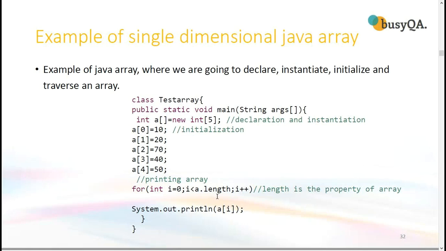This returns 5, because a is an array of size 5. So a.length is essentially typing 5. So I'm saying keep printing as long as i is less than 5. That means it's going to go 0, print, 1, print, 2, print, 3, print, 4, print, 5. No, 5 is not less than 5. I'm going to stop. So that's how we print the content of an array.